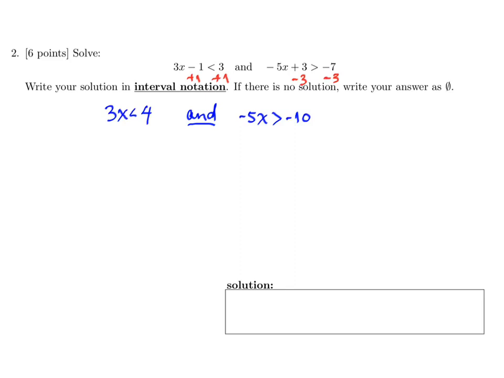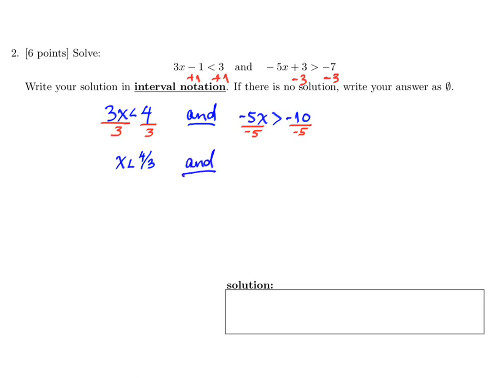So now the first one, to isolate x, we're going to divide both sides by positive 3. And we get x is less than 4/3. The second one, we have to divide both sides by negative 5. Now remember, when you multiply or divide an inequality by a negative number, you have to reverse the inequality.